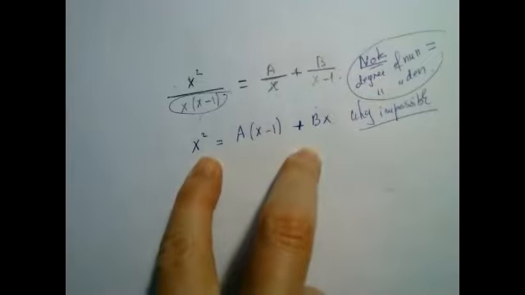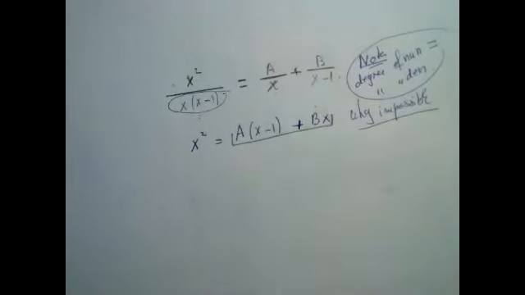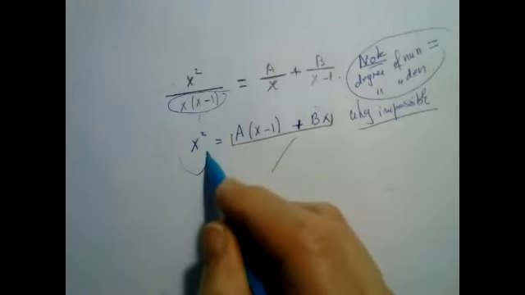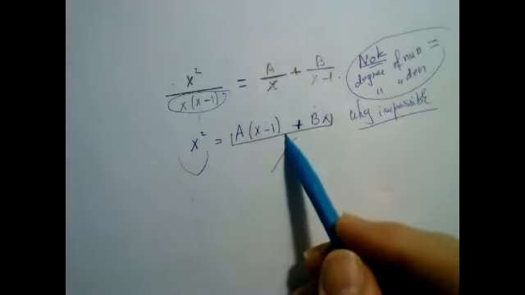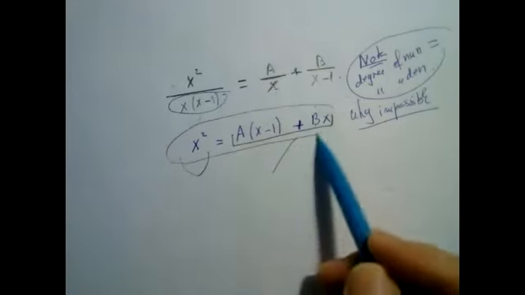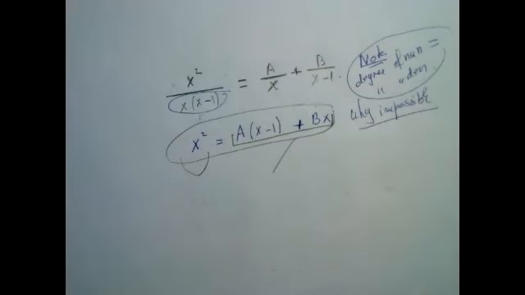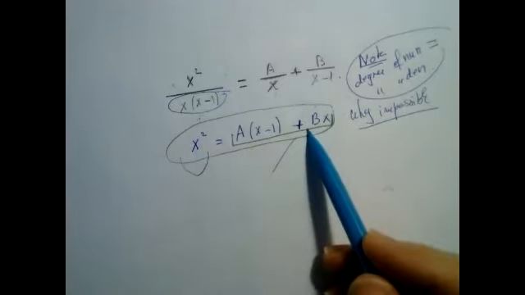You want those two functions to be the same, but this is a linear function, a line, and this is a parabola. There is no way you can have a line and a parabola coincide for all values of x, because you want this to hold for all values of x, no matter what x is.